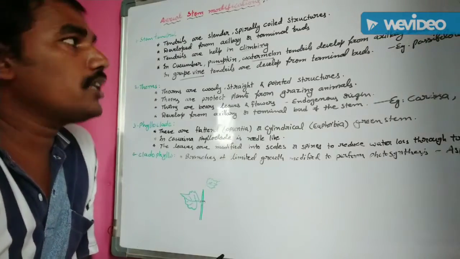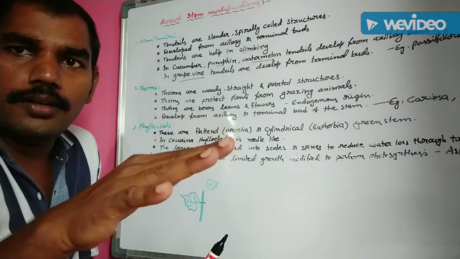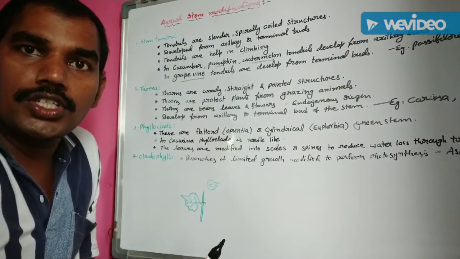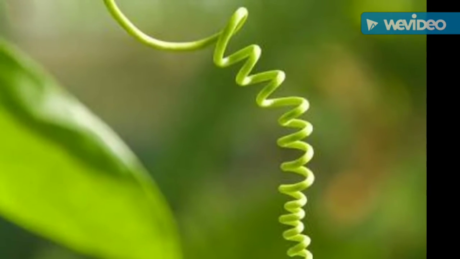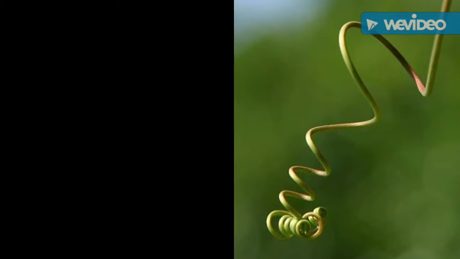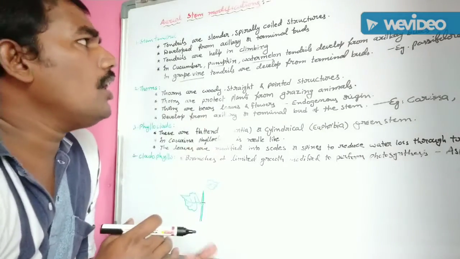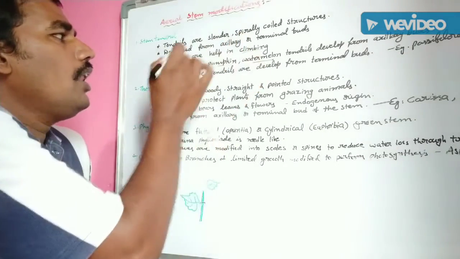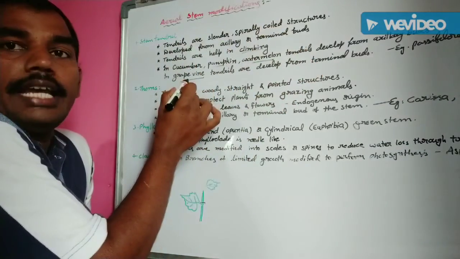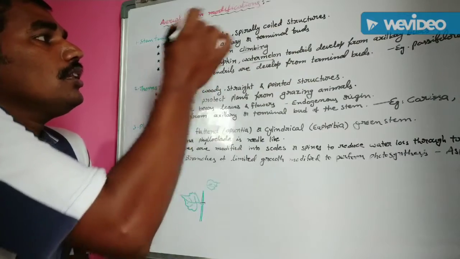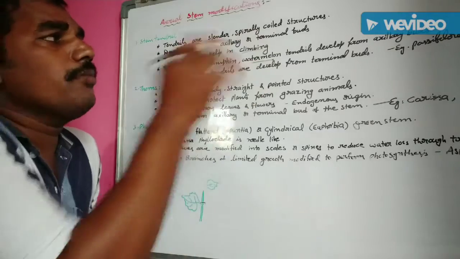Tendrils are slender, spirally coiled structures. Tendrils develop from either axillary buds, like cucumber, pumpkin, watermelon, or terminal buds, like grapevine.